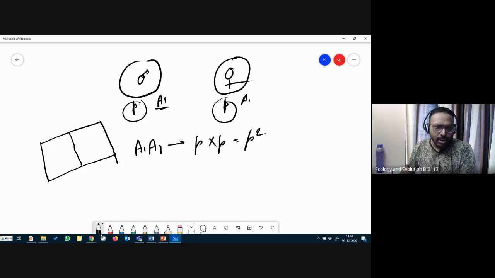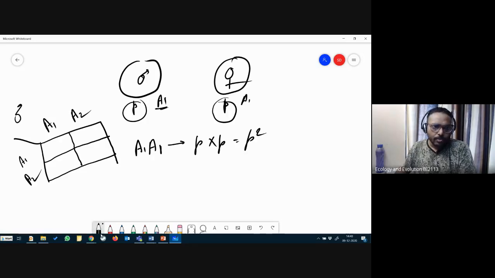Remember what this is called? The Punnett square, yes. Let's assume that these are the males. The probability of drawing an A1 is P. The probability of drawing an A2 is Q, where Q is 1 minus P. Here it's P, here it's Q. So the probability of making an A1A1 is P square.